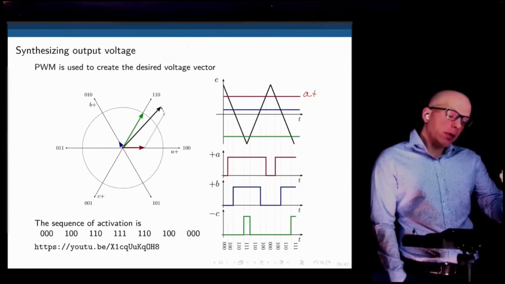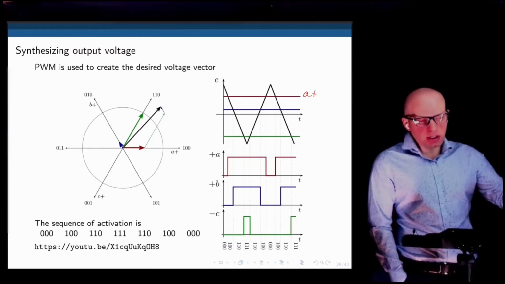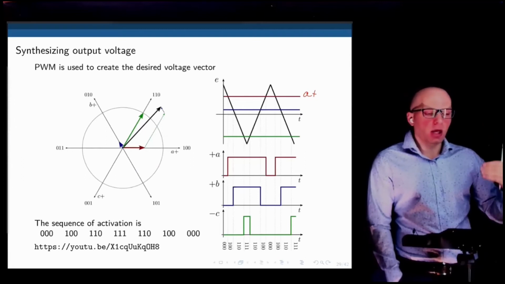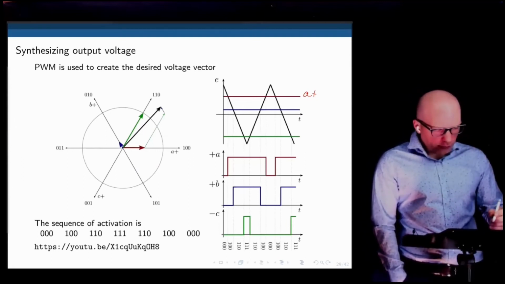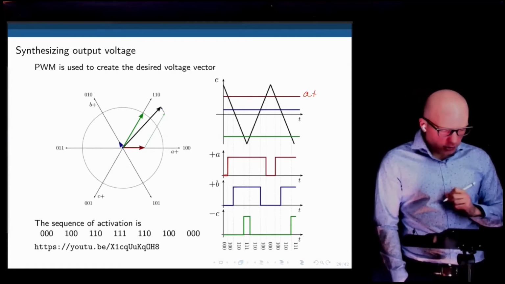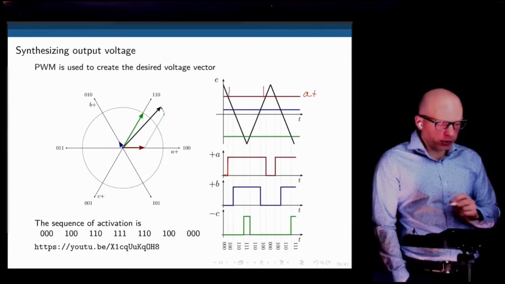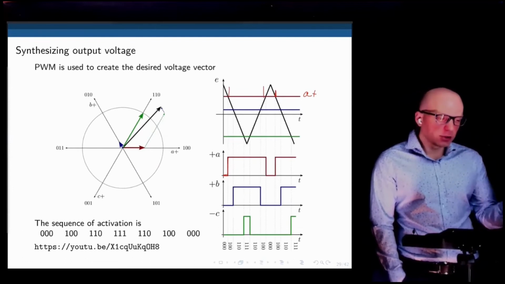And now we're going to compare A plus with the carrier signal. When A plus is greater than the carrier signal, we turn that specific mode on, and when not, then we turn that specific mode off. So from the beginning here, we have 0, and then you have this whole part here where A plus is greater than the carrier, so it turns on, and then during this period, it turns off and turns on again.